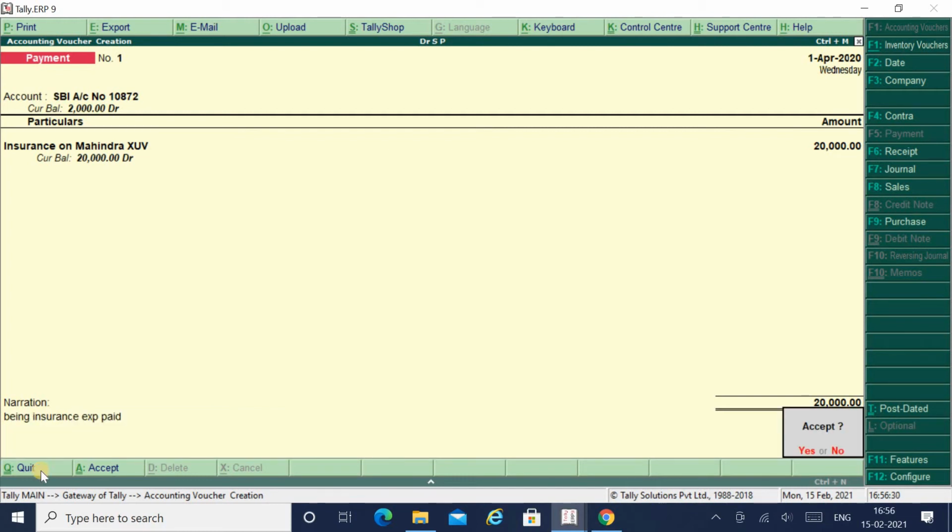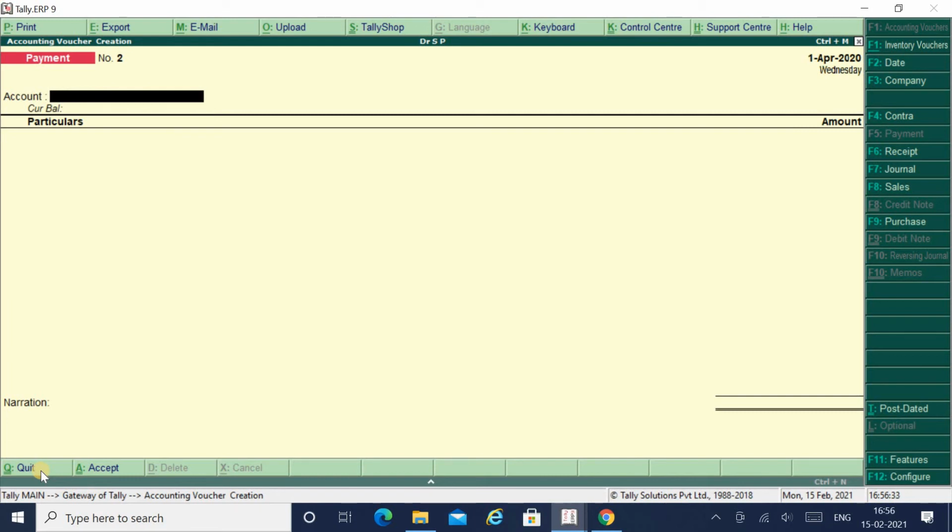Secondly, as I told you, I have another car, the Tata Tiago, but the Tata Tiago does not exist in my records. For an asset which you have but which is not recorded in your books of account, the insurance or expenses on that car you should directly capitalize.